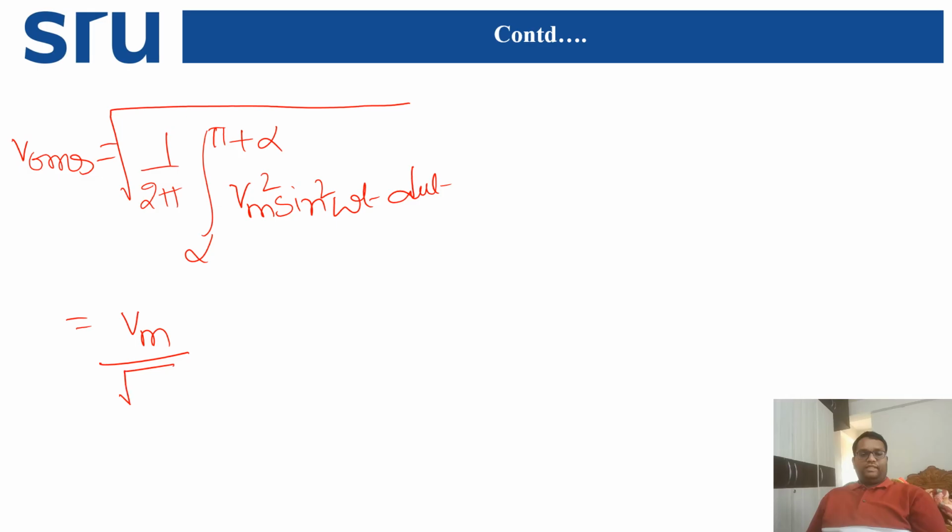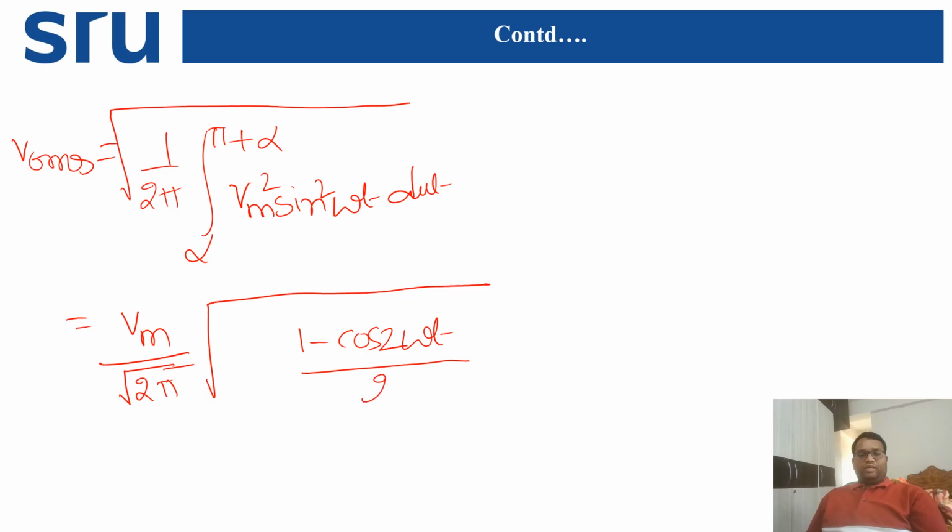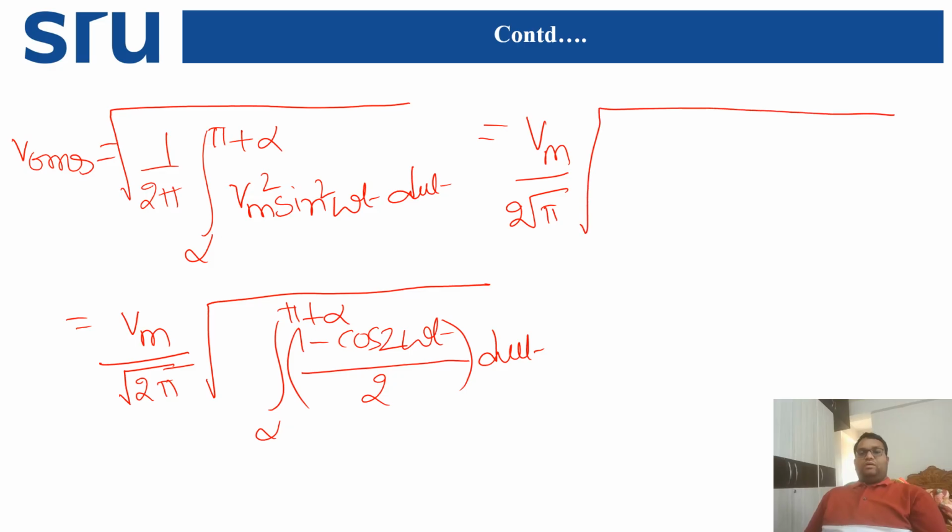Then we can write root 2 pi. After that, as we already know, sine square theta means 1 minus cos 2 theta by 2, that is 1 minus cos 2 omega t by 2. Here the integration is from alpha to pi plus alpha of d omega t. Now again we will take the 2 outside, then Vm by 2 root pi, square root of. Let us take it step by step now.